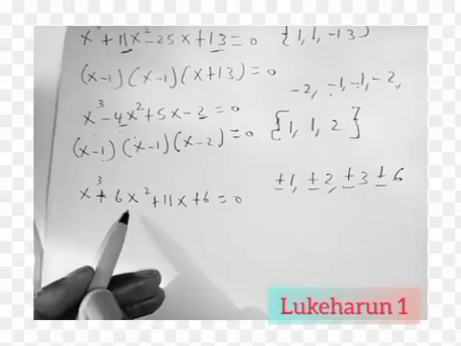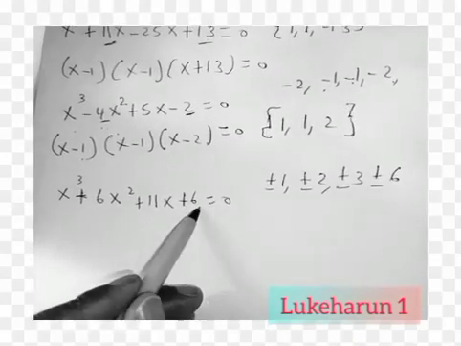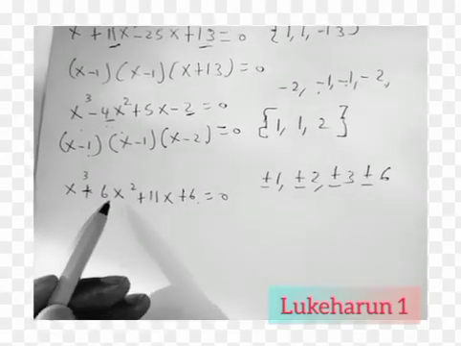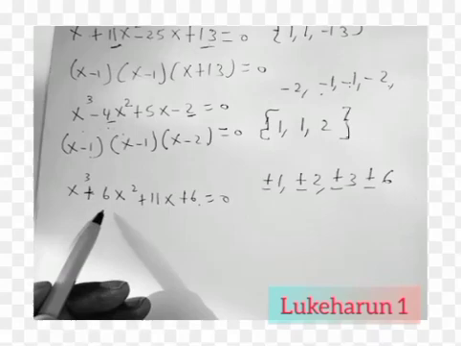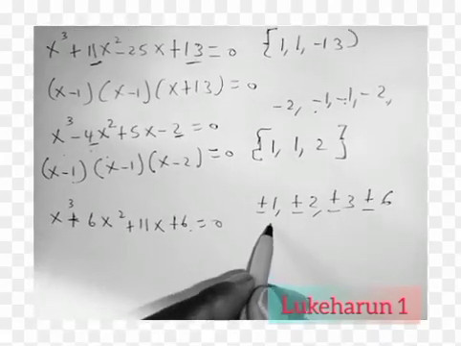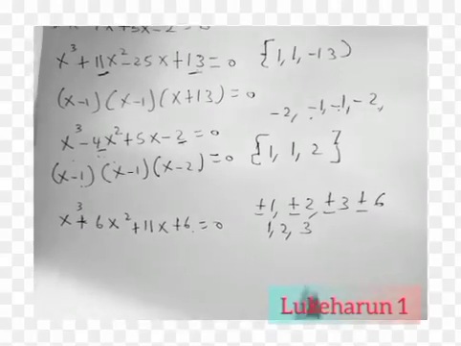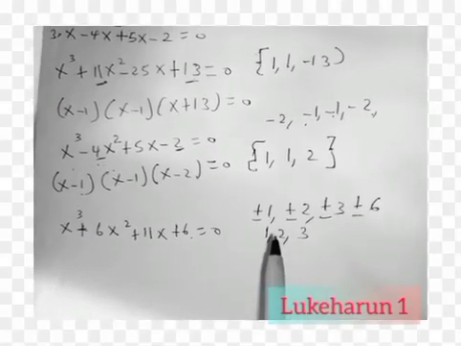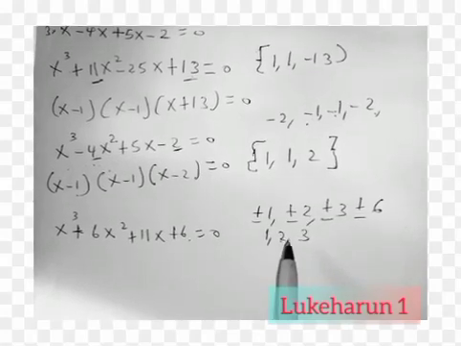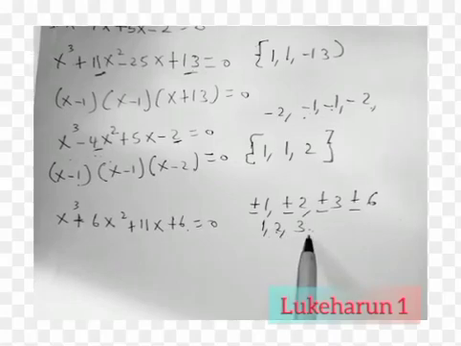Then ask yourself, what are the 3 numbers which when you multiply, you get 6, and when you add them, you also get 6. One of them is 1, the other one is 2, and the other one is 3. Because 1 plus 2 is 3, 3 plus 3 is 6, and 1 times 2 is 2, 2 times 3 is 6.